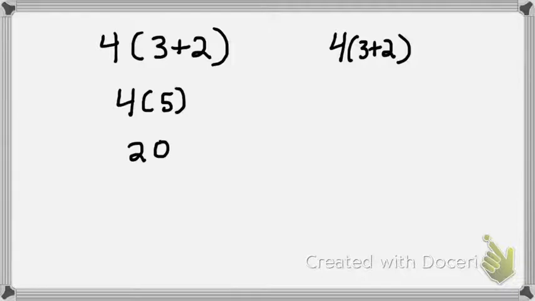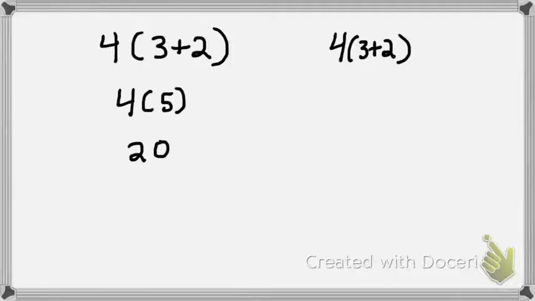The distributive property is a property of multiplication. Because if you remember from doing the 2-step problems, when we had a number outside of a parentheses, it was multiplication. So it was 4 times x plus 6 or 6 plus x or whatever it might be. So here we have 4 times 3 plus 2.